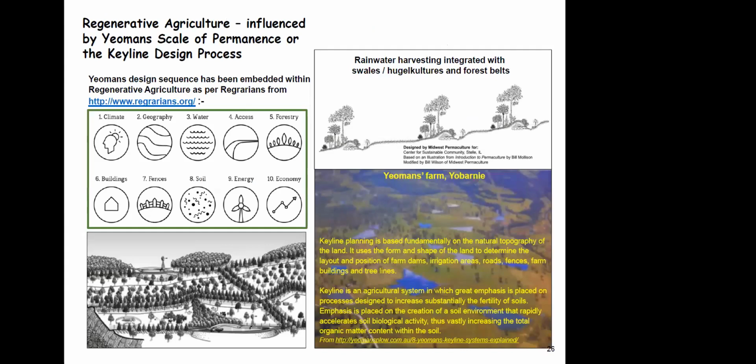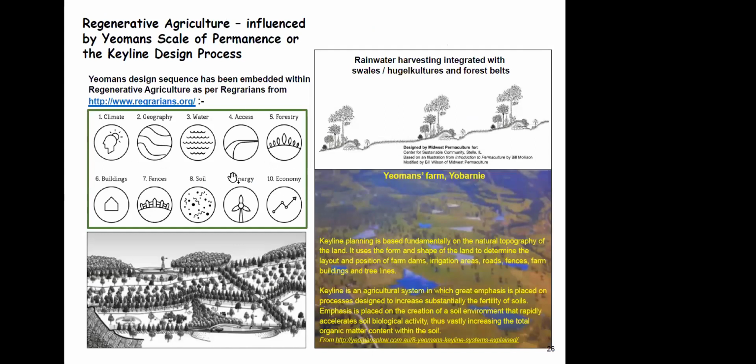Now, the regenerative agriculture process took a bit of the mystery out of permaculture, and it was based on Yeoman's scale of permanence, which was in the permaculture Bible from the beginning, but it was never really given that much value until the regenerative movement came along and they redefined Yeoman's scale of permanence into 10 steps.